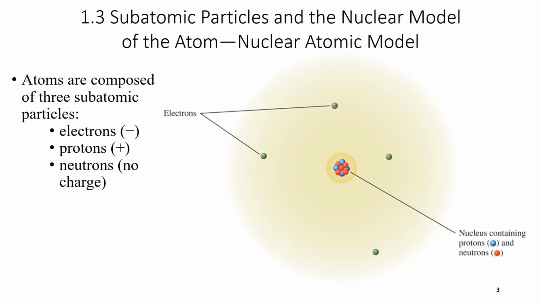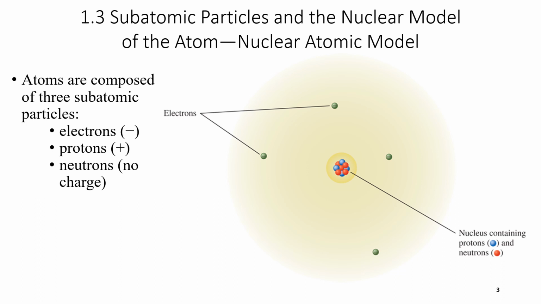The three subatomic particles then are the electrons, which are negatively charged, the protons, and the neutrons that make up the nucleus. The protons are positive and the neutrons are neutral. Because the atoms are neutral, we know that atoms of any element are neutral.